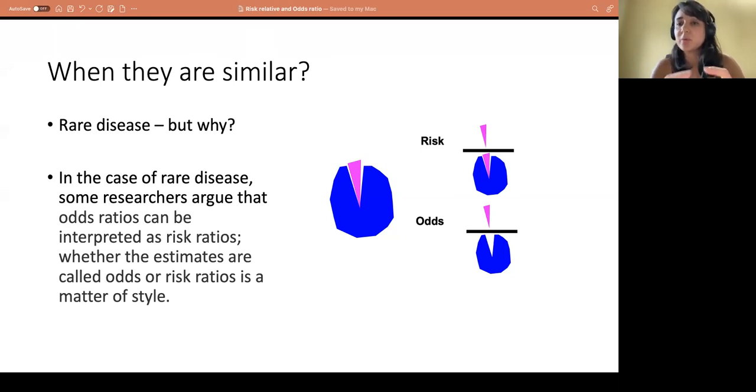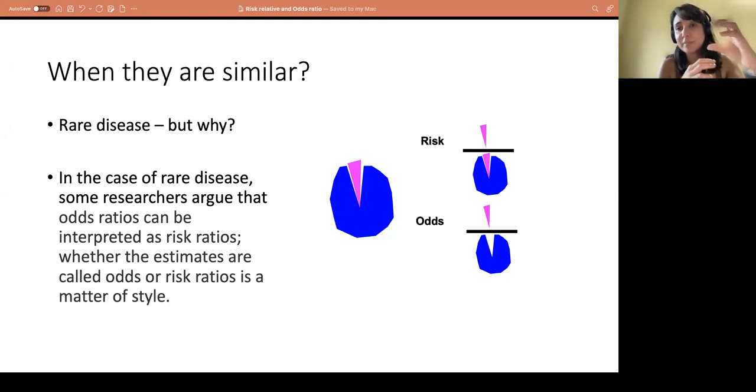If you calculate the risk, you will take the pink triangle divided by the total population, so the blue circle and the pink triangle. And the odds will be the pink triangle divided by only the blue circle. You can notice that both denominators are different, but probably numerically they are very similar.